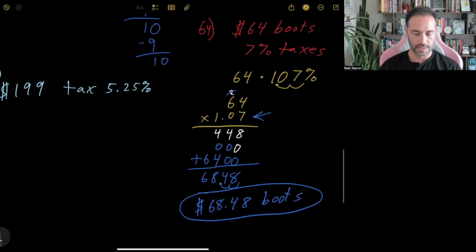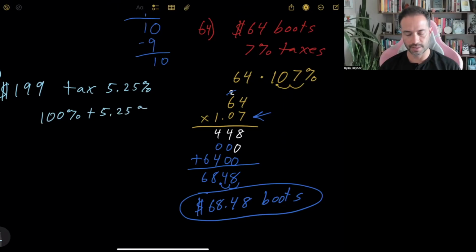5.25%. All right, so again, we know that we're going to have the 100% plus the 5.25%. So that's 105.25% times our $199.